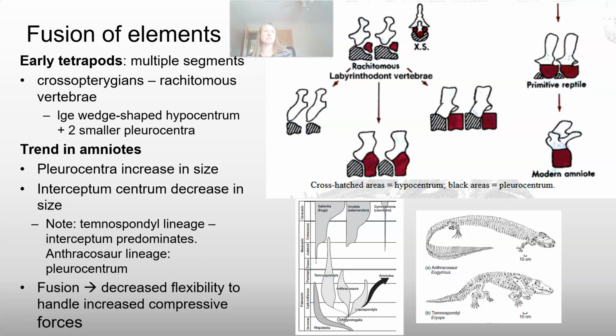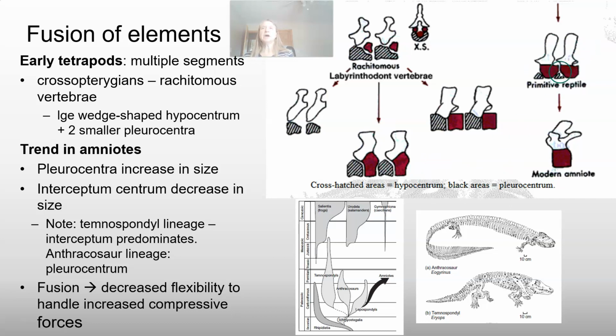And our crossopterygians, again, we had rhachitomous vertebrae. And again, we usually see these large wedge-shaped hypocentrum and then smaller pleurocentra. So again, the hypocentra here are larger and we have smaller pleurocentra. Now the trend in amniotes, though, is that the pleurocentra end up increasing in size and being a larger component.